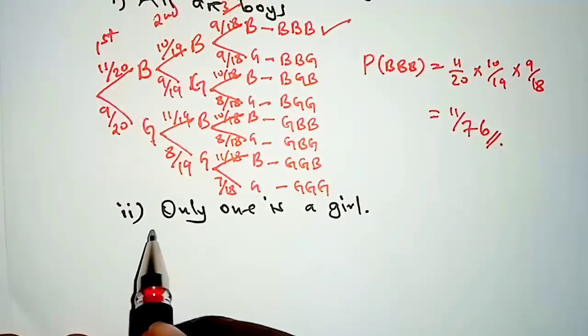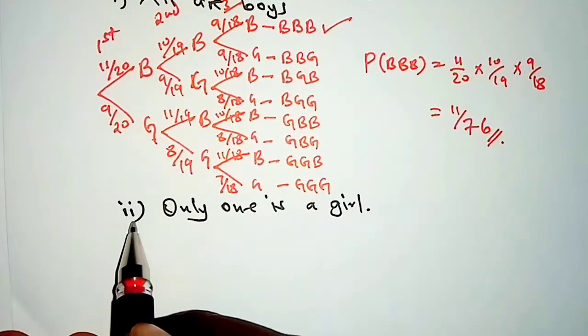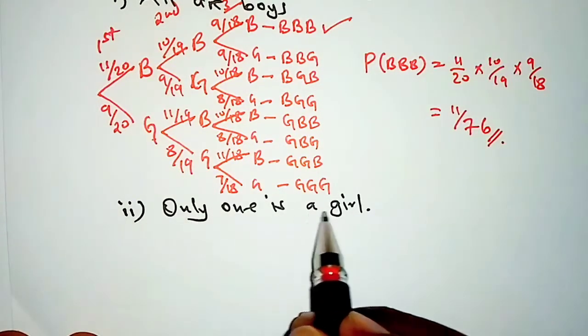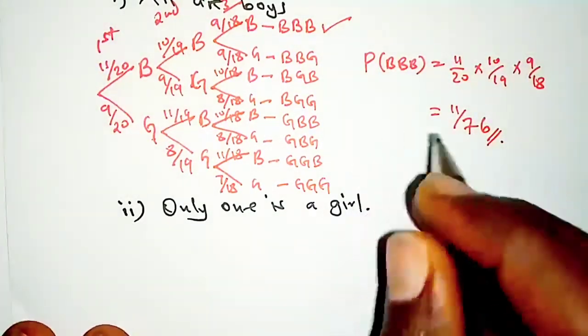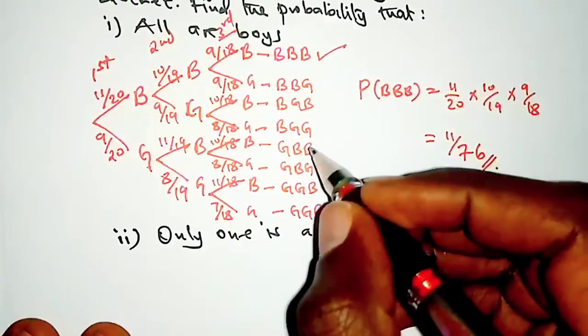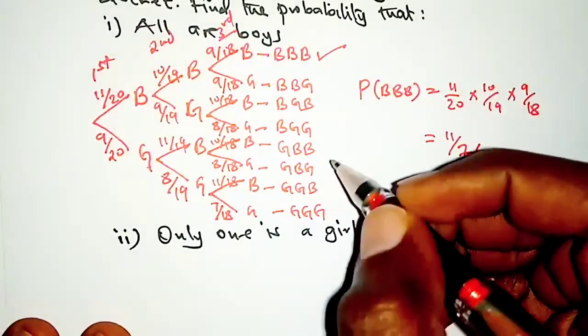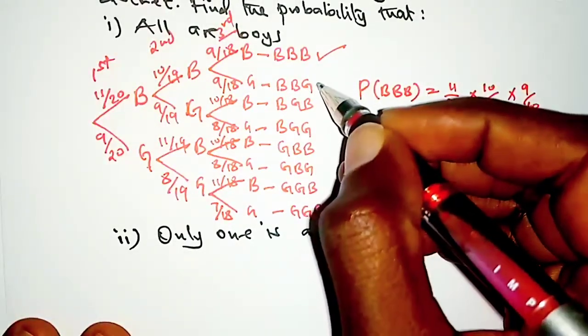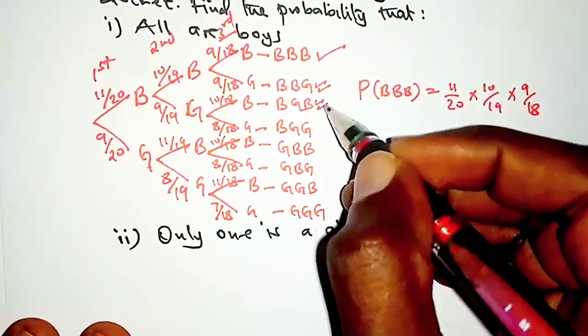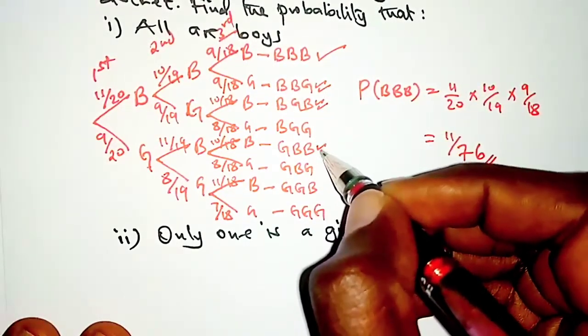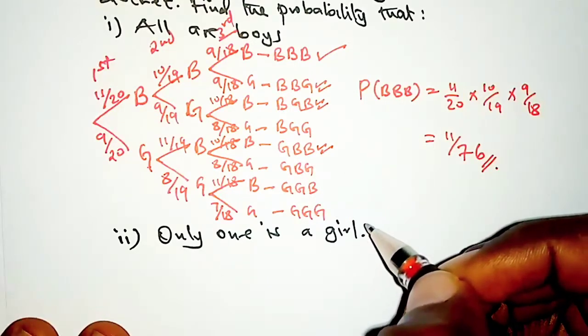Lastly, for Roman 2, we have to find the probability that only one is a girl. So that we'll be able to obtain from the list of possibilities. Here we have at this point only one girl. Here we have only one girl, and here we have only one girl.